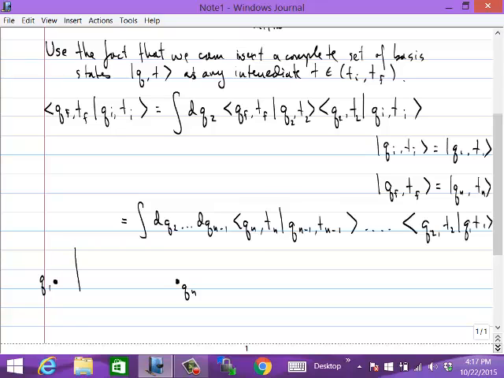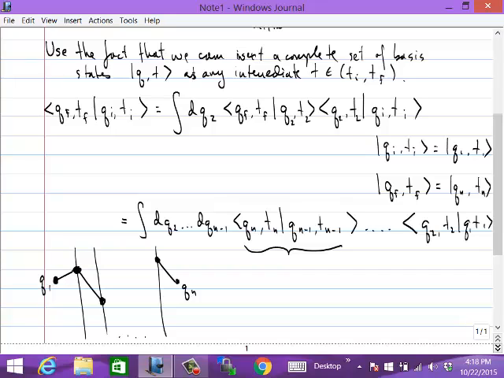And then we've chosen some set of intermediate times, and you're integrating over all possible trajectories that the particle could take between q1 and qn, at least in a discrete sense. So each one of these transition amplitudes here is an amplitude for a particle to go from q1 to q2, and then a transition amplitude from q2 to q3, all the way up to qn.